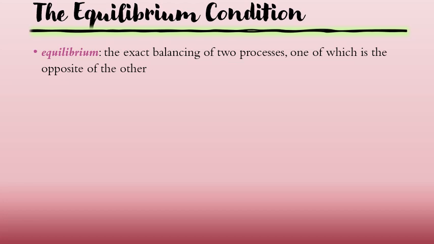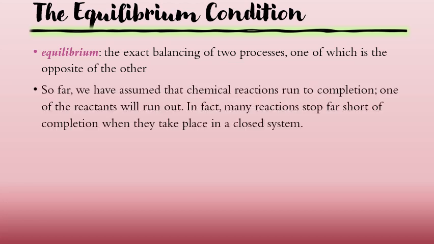So we have already seen this when we talked about vapor pressure, but now we're going to talk about it more in terms of reactants and products in a chemical reaction. Vapor pressure is due to a physical change. Now we're going to look at equilibrium in terms of chemical changes. So far when we've looked at reactions, we have assumed that chemical reactions run to completion. One of the reactants will run out.